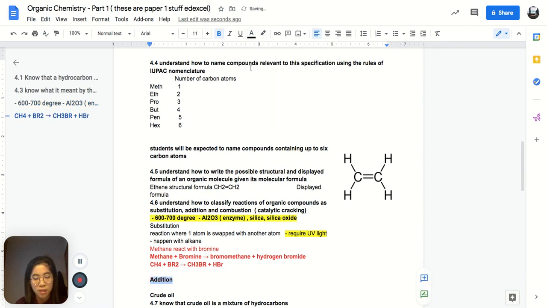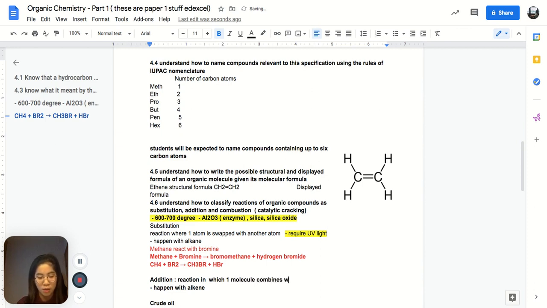And of course, substitution mostly happens with alkane, so you can guess it, you guessed it right. Addition happens with alkene. And that probably didn't come as a surprise. So addition is a reaction in which one molecule combines with another to form a larger molecule with no other product.